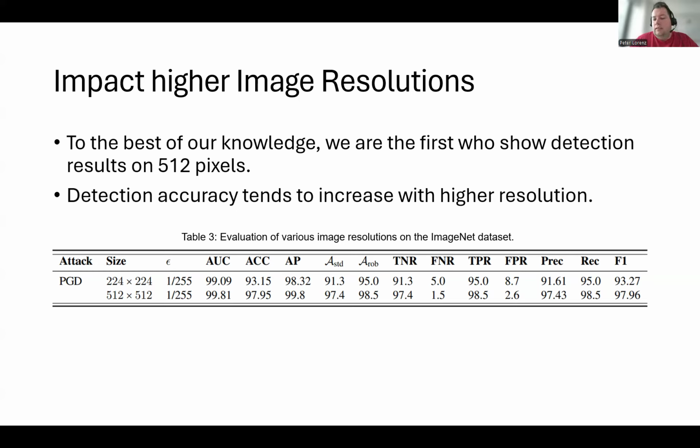And we think that the detection tends to increase with higher resolution, although usually attack methods could be more effective on higher resolution images. And we think, to the best of our knowledge, we are the first to show detection results on 512 pixels.